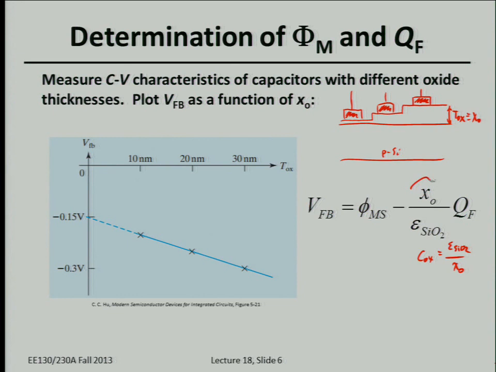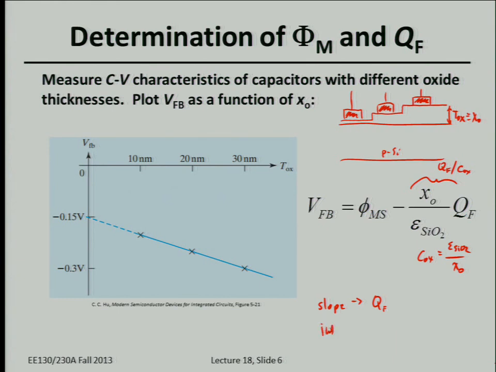So this term here is just the normal QF over Cox. Okay, so if you plot the flat band voltage versus the oxide thickness, the slope will give you what information? QF, right?